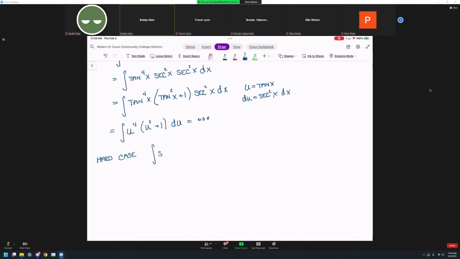In the hard case, when I have secant to the m of x times tan to the n of x dx, it's when m is odd and n is even. The reason we're doing all these is because they naturally show up after a very specific type of variable substitution, a trig substitution in particular. And here's the first one.